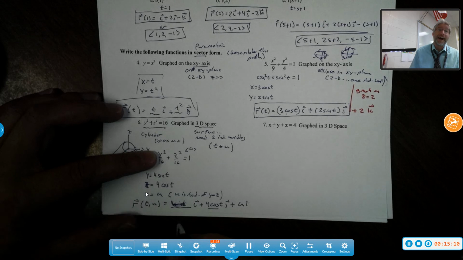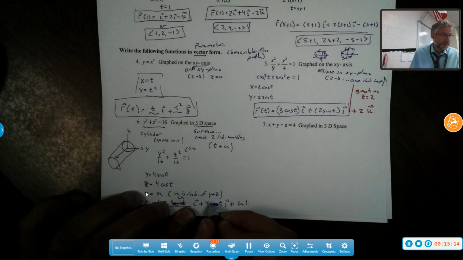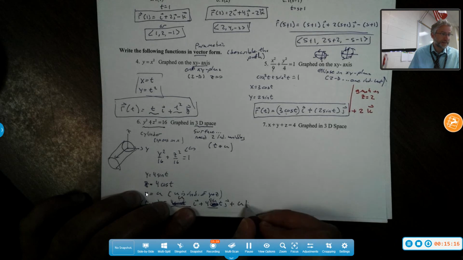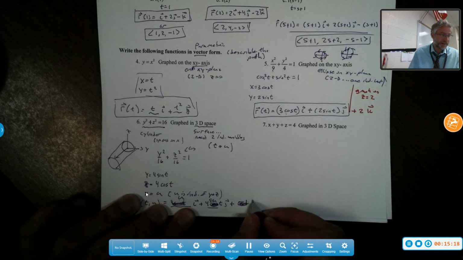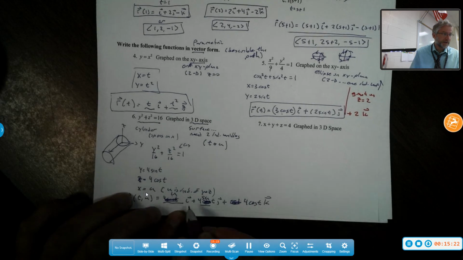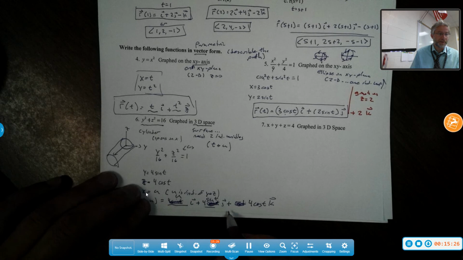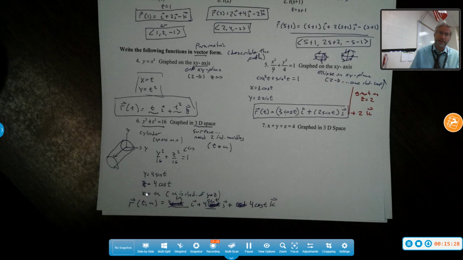Sorry. I let x be u, so that should be u i plus 4 sine t j plus, in k, sorry about that, 4 cosine t k. There we go. And there's a lot of different ways you can write these answers out. But anyway, sorry about the mistake there at the end.